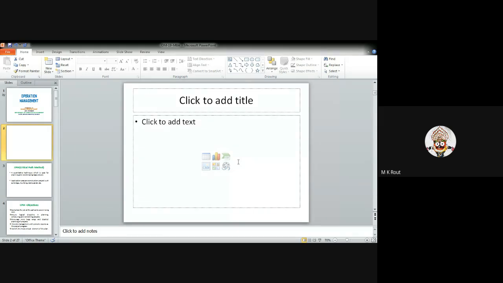Under that, write down the first step, step number one: select the job, inform the worker, and define the method.